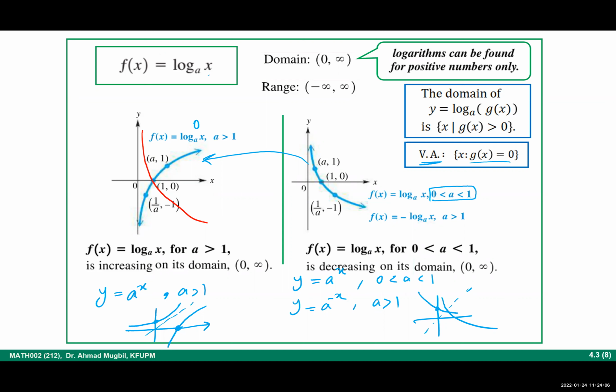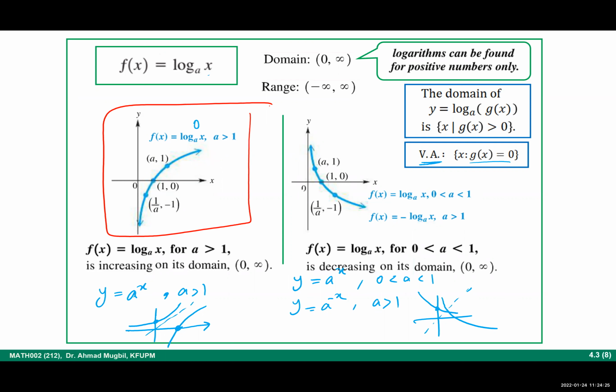So indeed, this graph here, when a is between 0 and 1, is the same as the graph of negative log a of x when a is greater than 1. So don't worry about this. I urge you to focus on this one. You can obtain everything if you just know this. If you want to find something like this, just remember to reflect it in the x-axis.